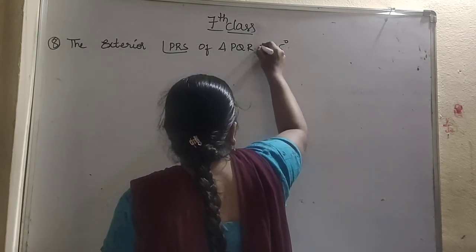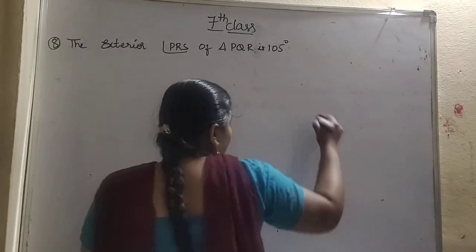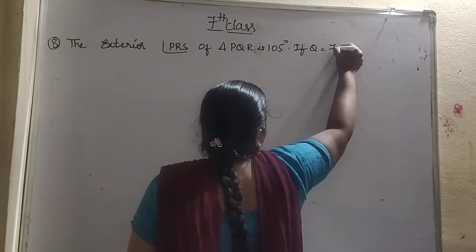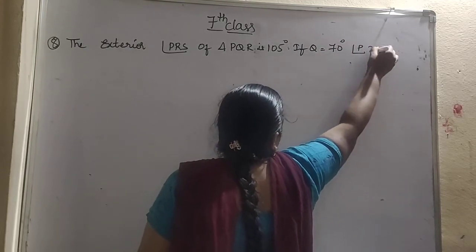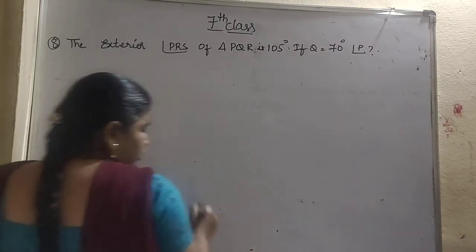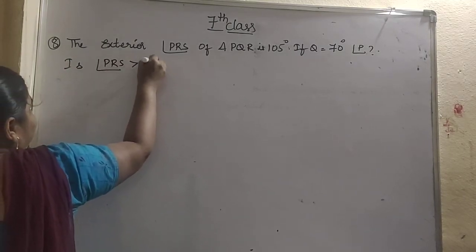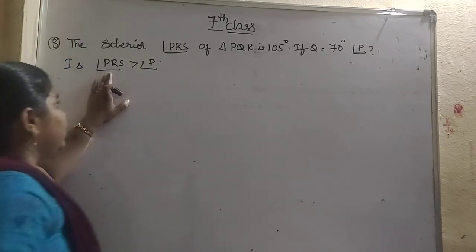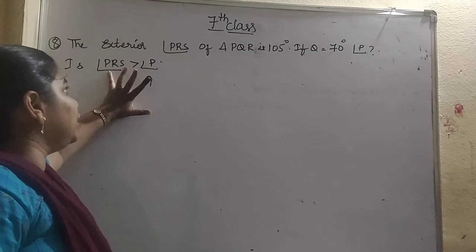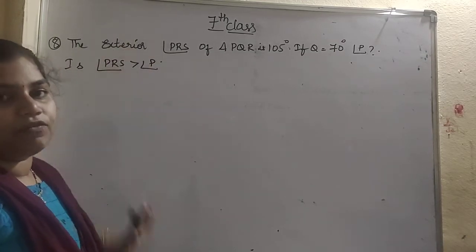If angle Q is equal to 70 degrees, we have to find angle P, and we have to show that angle PRS is greater than angle P. So this value is greater than this value or not, we have to show. Whether it is greater or lesser, we have to find here.